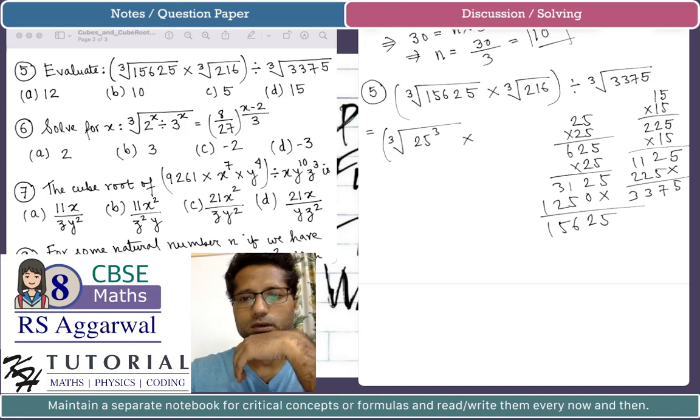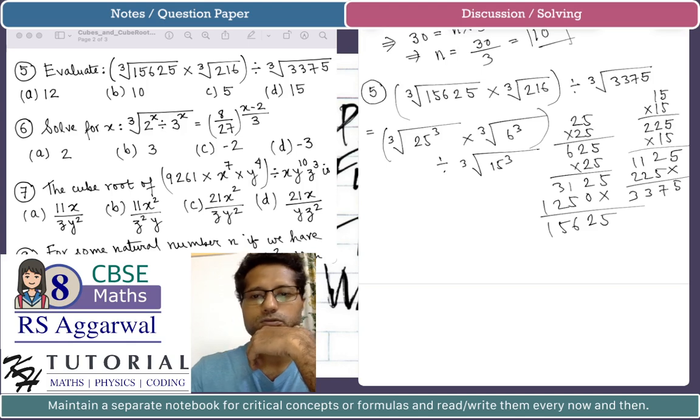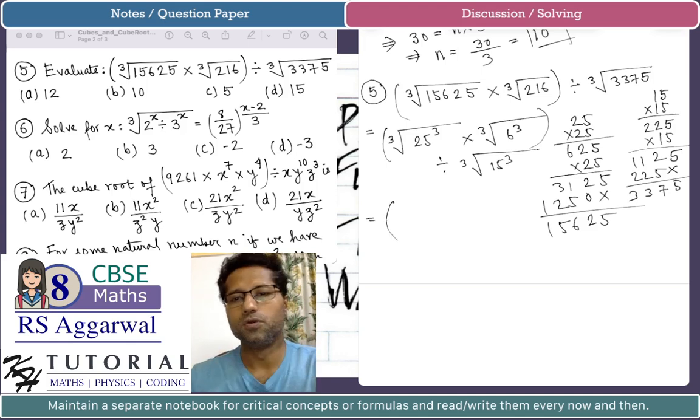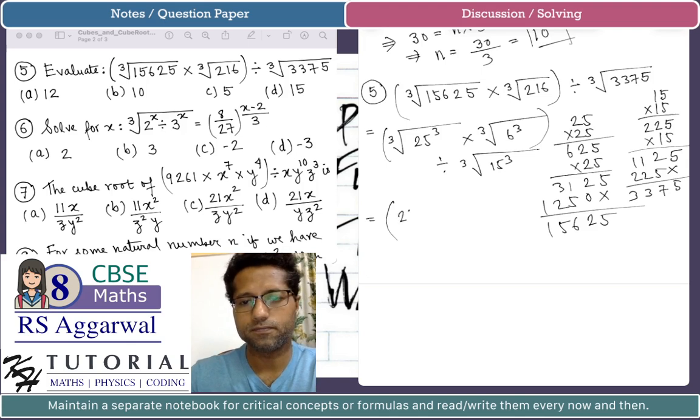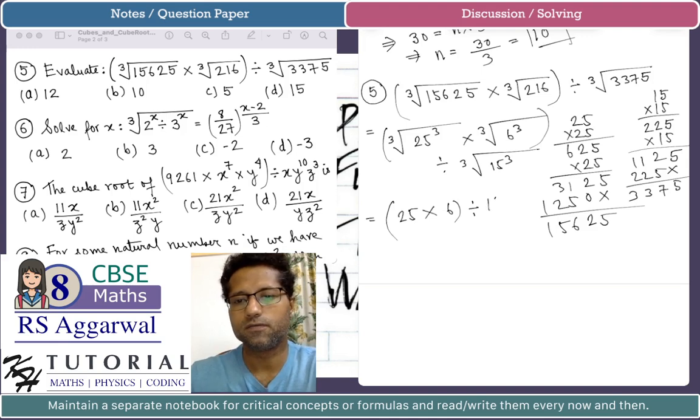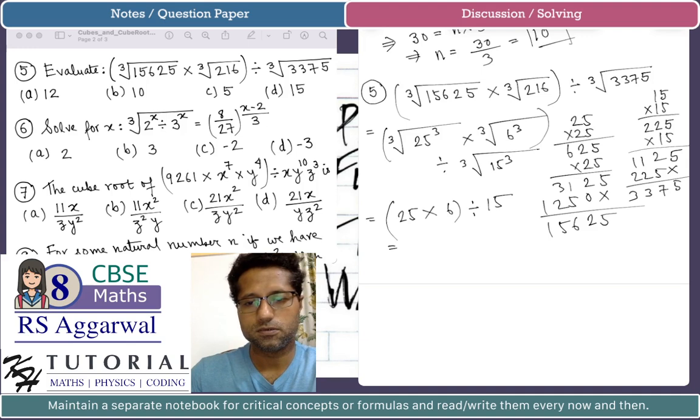The 216 is 6 cube, and divided by 3375 which is 15 cube. So this is now equal to the cube root of 25 cube, which is 25, the cube root of 6 cube, which is 6, and divided by the cube root of 15 cube, which is 15. So this is 25 multiplied by 6 divided by 15.